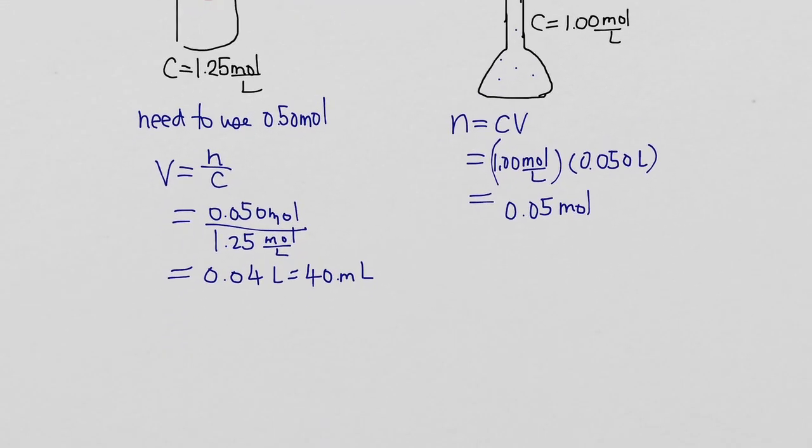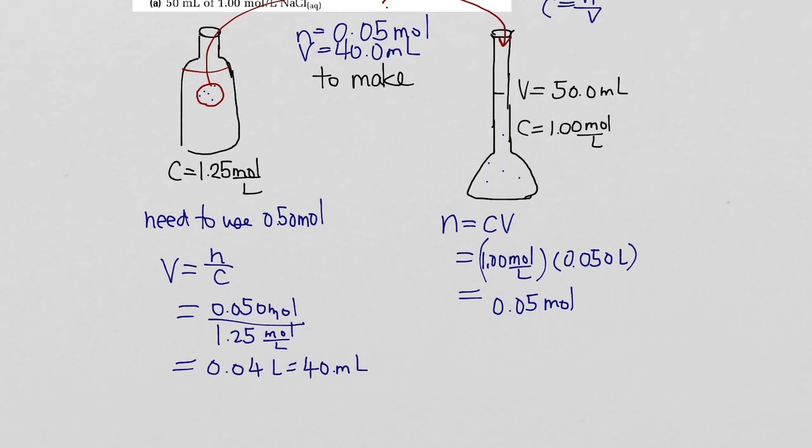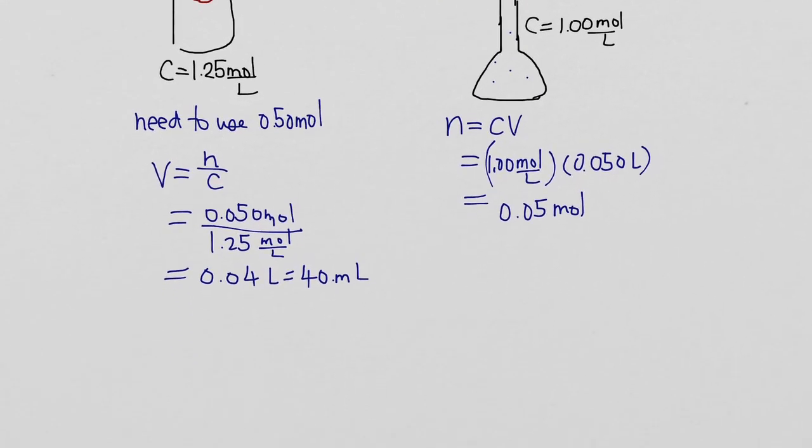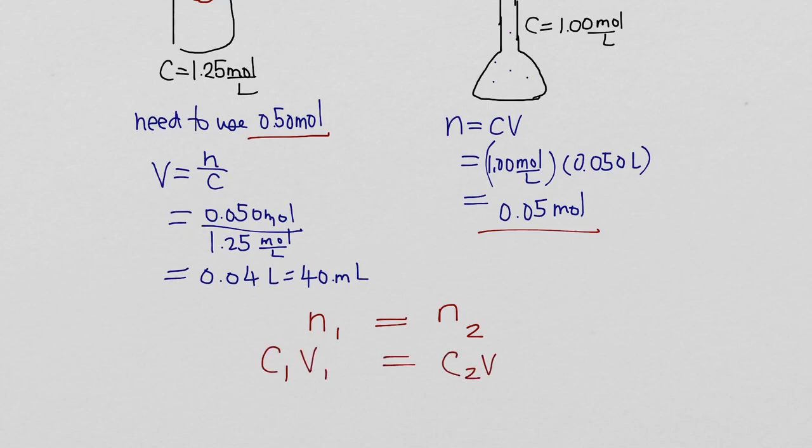There is actually an equation that allows you to do this a little more easily. It's based on the fact that the amount of moles here is equal to the amount of moles here. The moles in our stock solution, n1, equals the moles in our final solution, n2. Remembering that n equals CV, we substitute to get C1V1 equals C2V2.